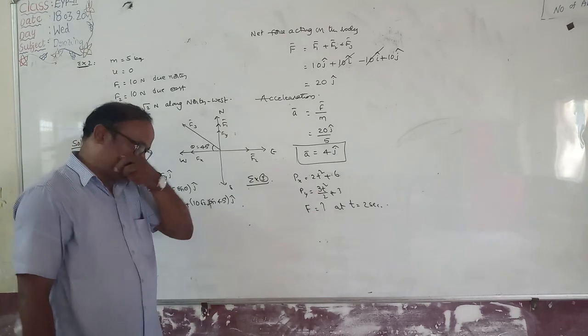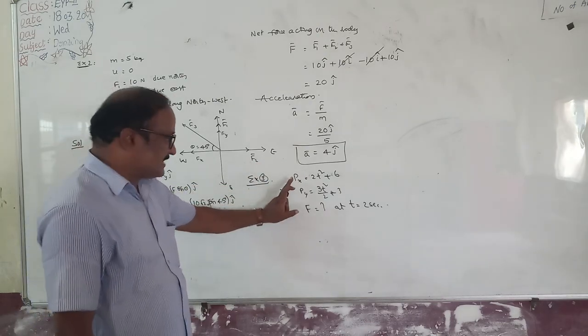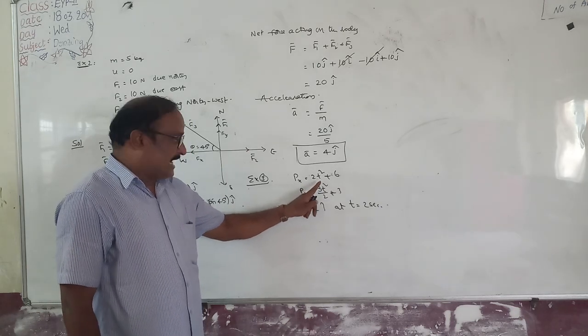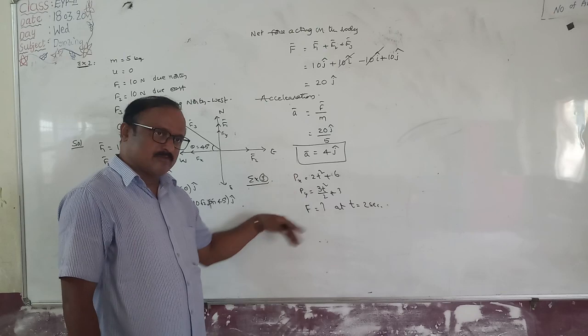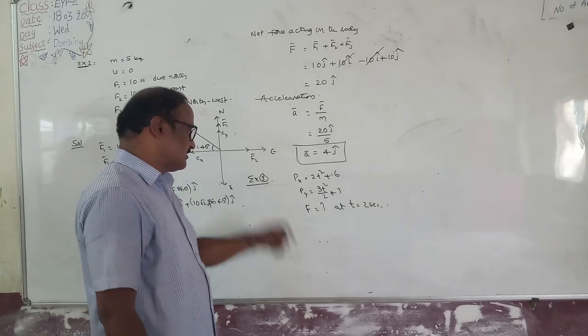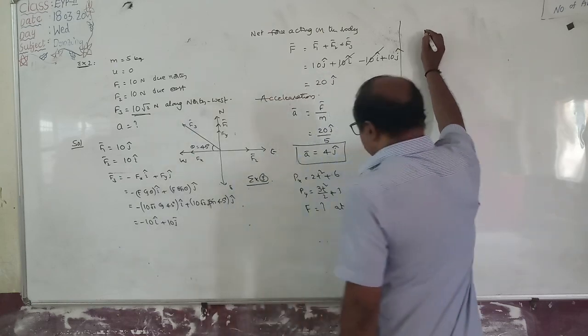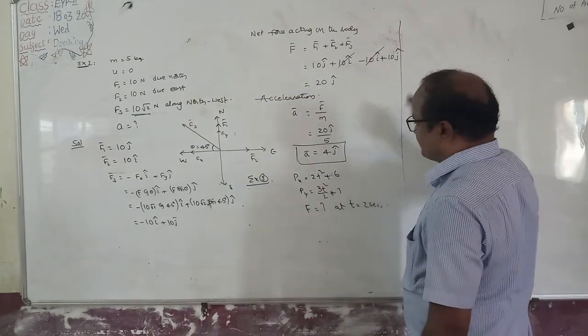Do you understand? Momentum is a vector. Also it depends on time. On increasing the time, momentum will change. Both px and py, and total momentum also change. Right? Therefore, the momentum of a body px is equal to 2t square plus 6.